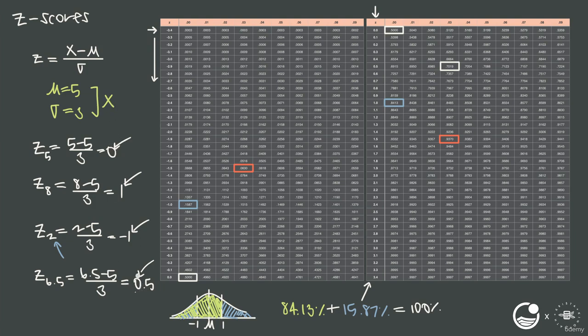That'll give us the value of z that's associated with a particular value of x that we're interested in. In other words, it'll give us our z-score for that particular value of x. And once we have that z-score, then we have these z-tables available to us as a tool, which will allow us to quickly look up all of these probability, percentile, threshold values that are associated with any specific z-score that we've calculated.